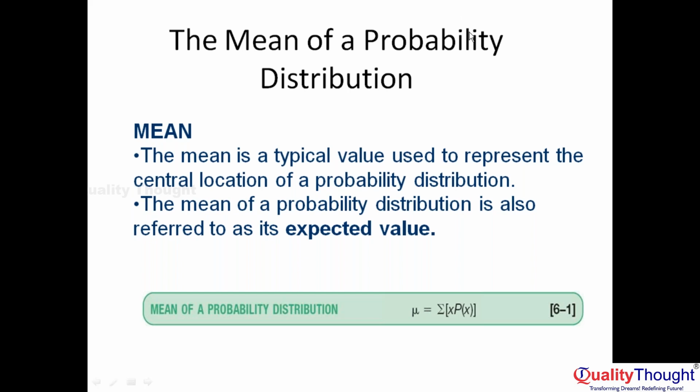So the mean of the probability distribution is mu equal to sigma x times P(x). How do we evaluate this x times P(x)? X represents the values or different events, whereas the probability P(x) represents the probability of getting such an event.